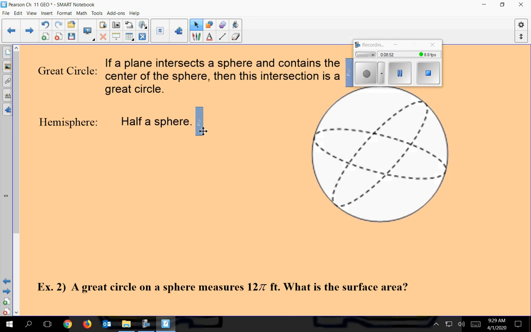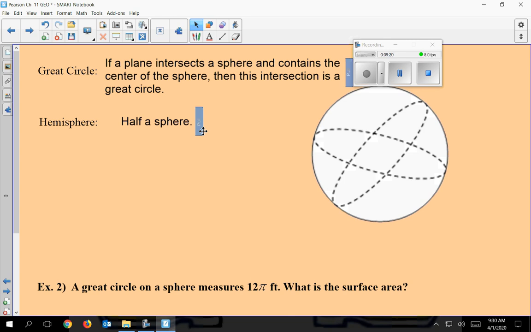So if you want to make an easy reference, a great circle is something like the equator. We assume the equator is like halfway around the world, or halfway latitude wise, and then halfway longitude wise, you could think of it either way, but it basically splits the earth equally in half, and that great circle would be like a radius with the center of the earth.